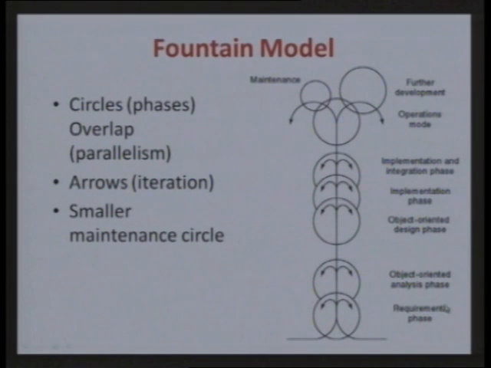It will be some kind of object oriented analysis phase, so that even that phase is encouraged to adopt our object oriented characterization in the design. Then we move on to object oriented design, and how we overlap the other activities, including the implementation phase and the implementation and integration phase. These all three have been overlapped.